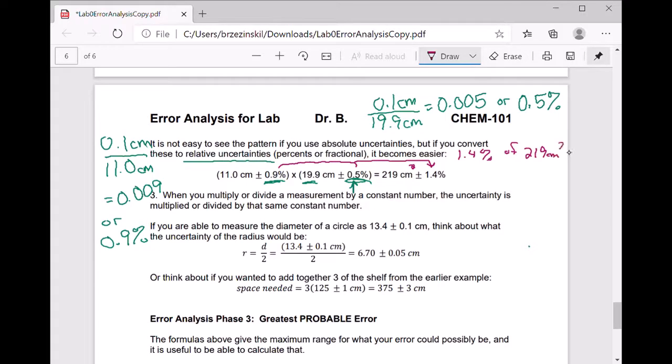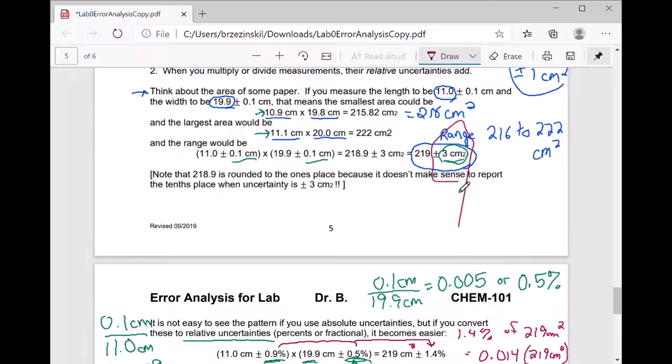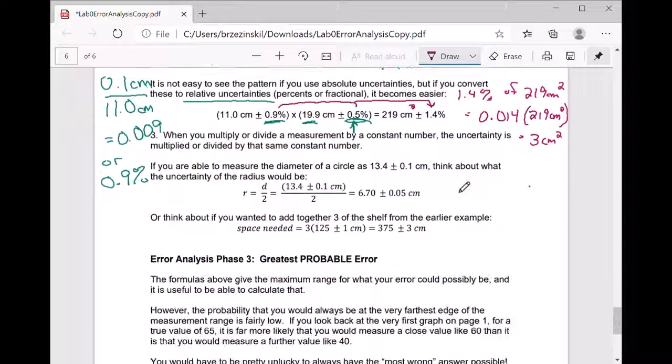We need centimeters squared here. So what is that? That is the same as 0.014 times 219 square centimeters, which comes out to be approximately 3 square centimeters. So that's what we had just figured out on the previous page, the 3 square centimeters. So that's where that comes from.